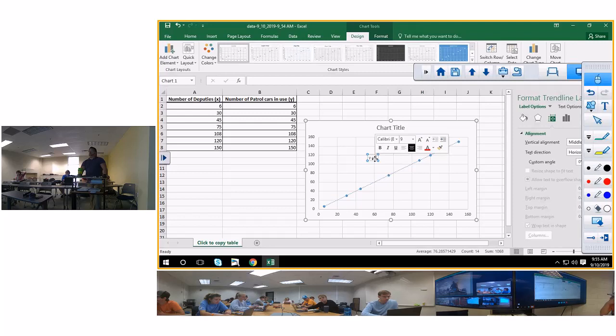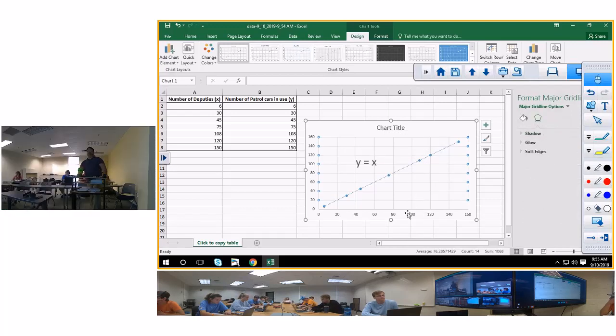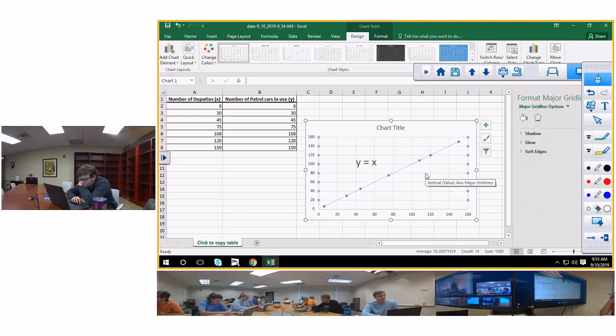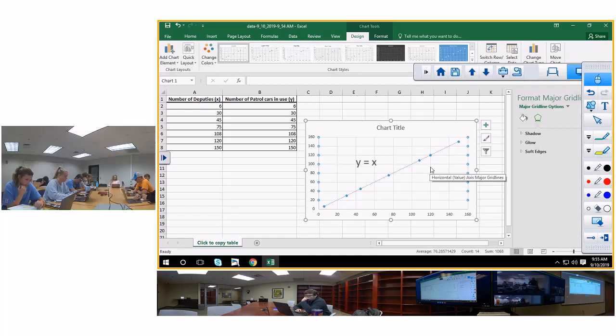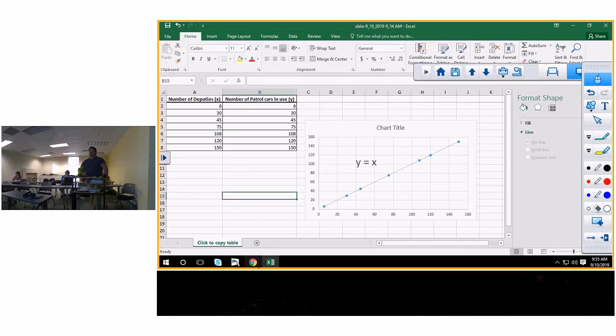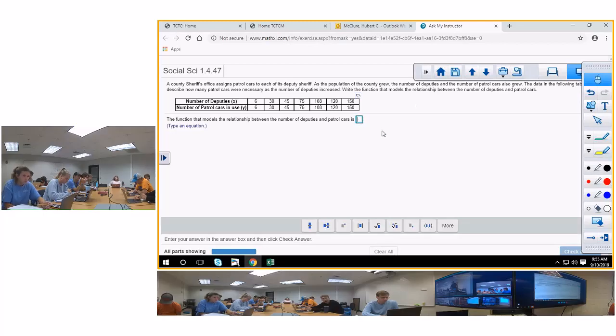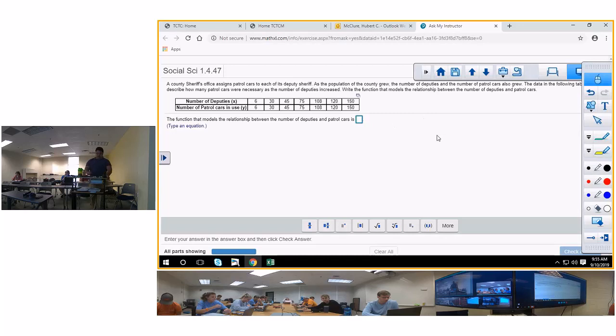There we go. So this function is y is equal to x. Okay. Now, I don't know what they're going to ask, but let's go back to the question. The function that models, I guess y is equal to x, I guess that's what they want.